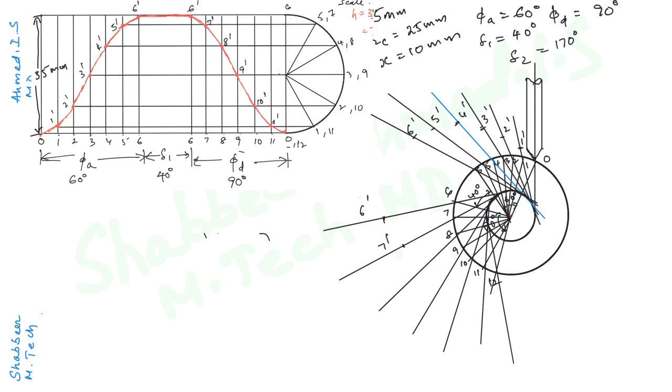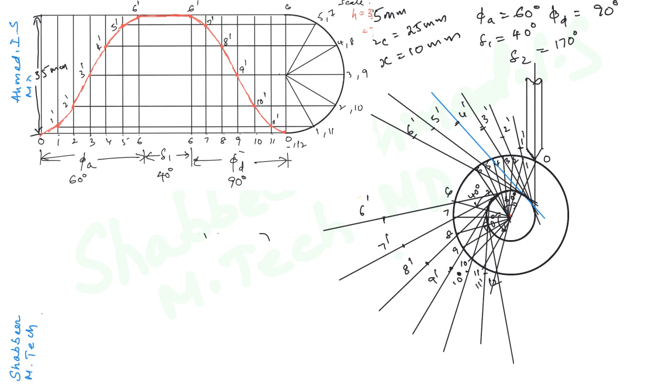Then we have here 8 8'. Then we have 9 9'. We have here 10 10'. Then here we have 11 11'.